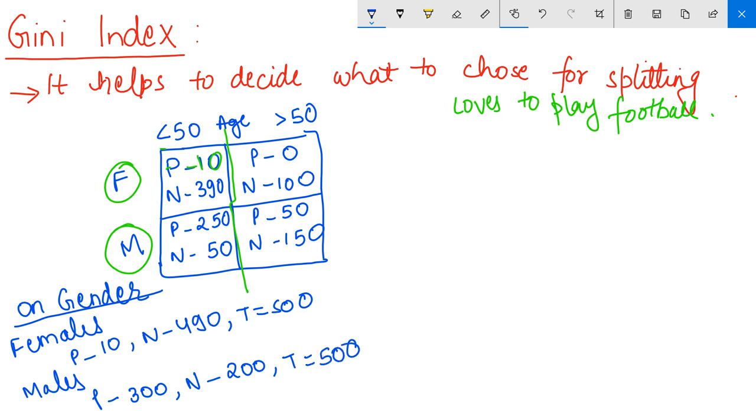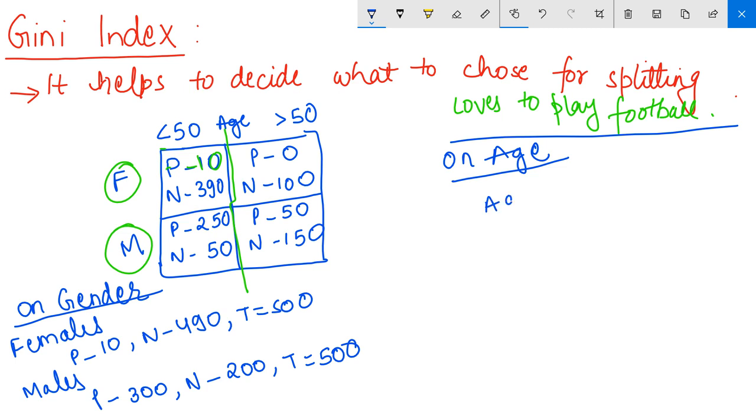This is on the basis of gender. I want you to make a note of all this, because for the next step I have a note of all these things, and I will look at that and do the rest of the calculation. But you should have a note as well to understand what I'm trying to explain here. On the basis of gender, we ignore age. Now on the basis of age, we'll ignore the gender.